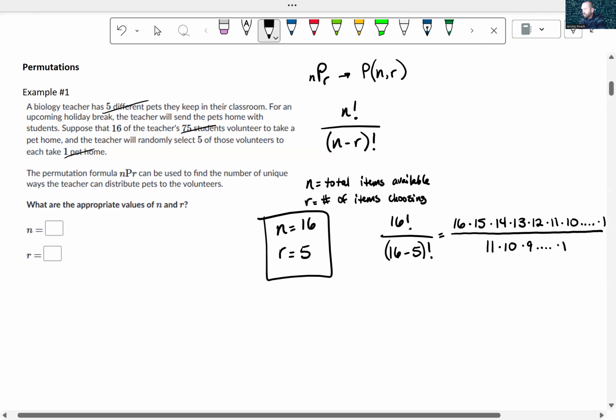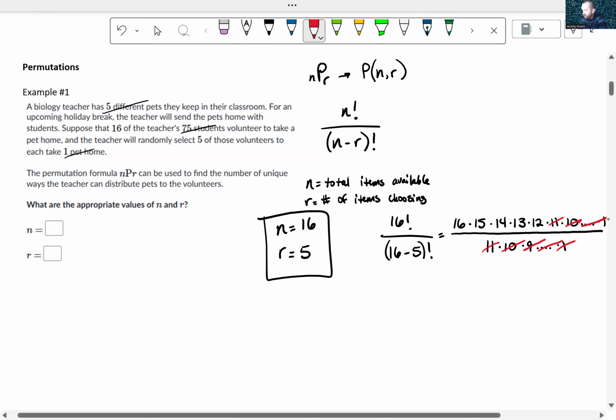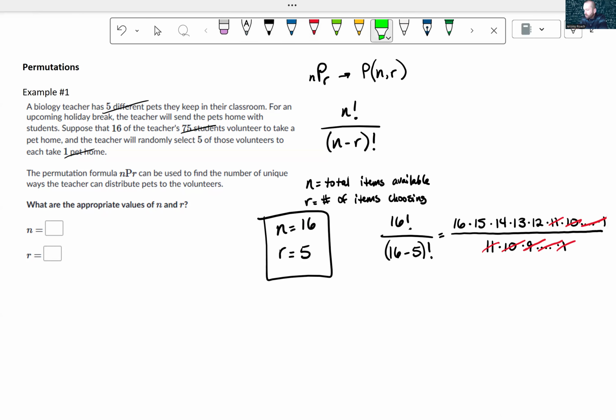Now we can start canceling some of these values out. So the 11 and the 11 cancel, the 10 and the 10, all of these numbers are going to cancel. And so we're just left with this on our numerator.